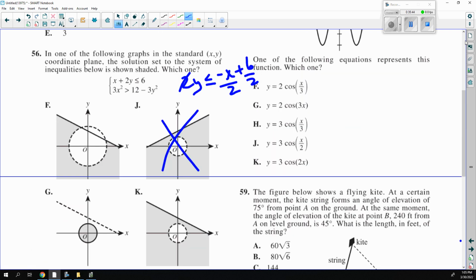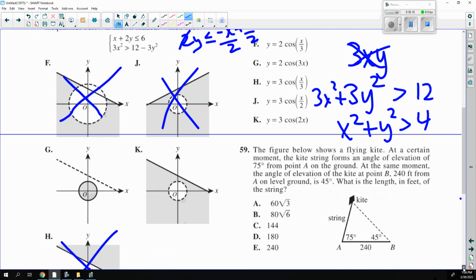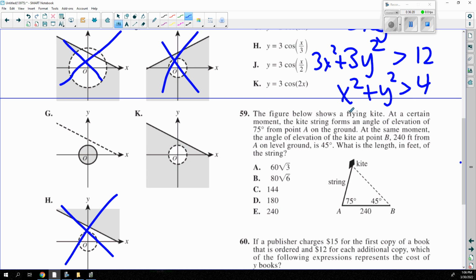The other guy is sneakily a circle. 3x squared plus 3y squared is greater than 12, and divide everybody by 3. So it's a circle whose radius is 2, so it doesn't go over the y-intercept. This would be like a 4. And it's going to end up being the ones outside the circle because the inequality is greater than the radius. So the answer is K.